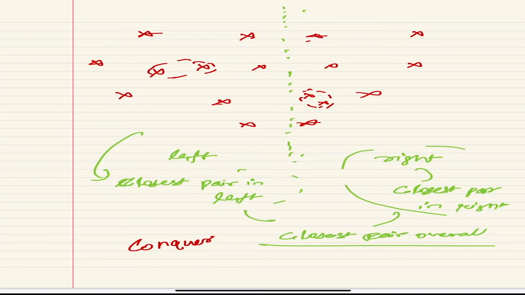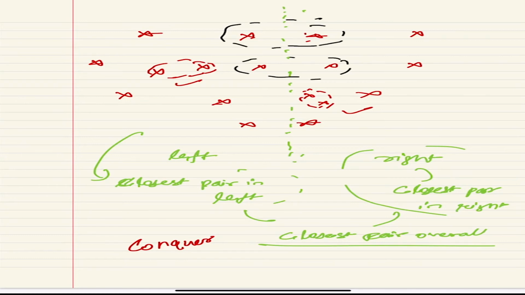But when you combine, these minimums in the left and right plane may not be sufficient. There may still be pairs with a smaller distance than this. This is the minimum here, this is the minimum here. But what about pairs that are across the boundary? What about these pairs?